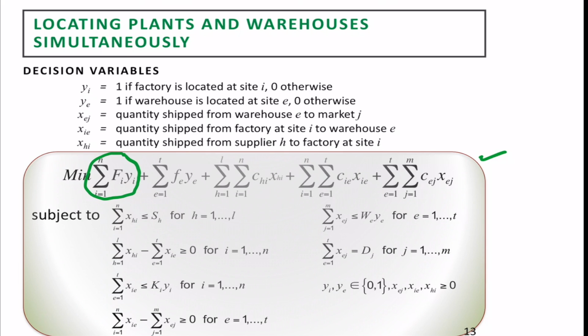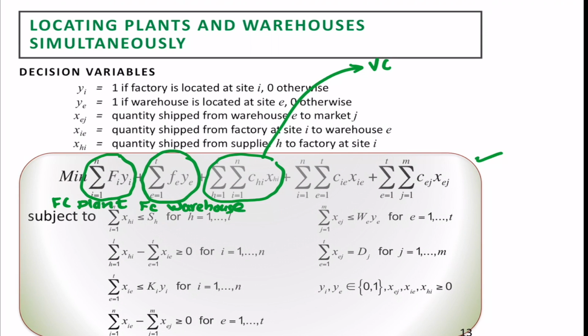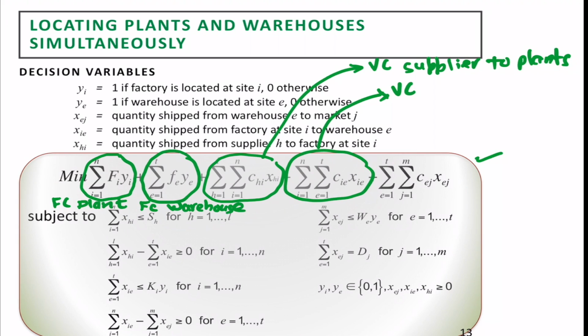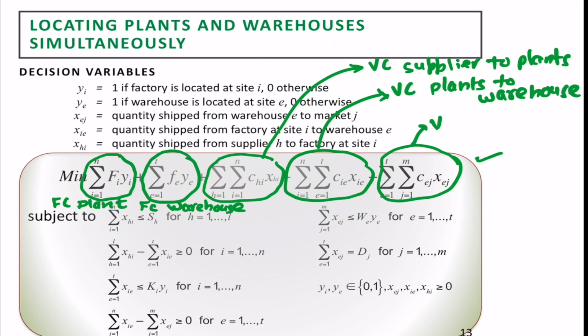First component is a fixed cost related to the plant, and then we have fixed cost related to the warehouse, and then we have variable costs. This variable cost involves cost associated with supplying from supplier to plants, and then variable cost from plants to warehouse, and then this component is variable cost associated with warehouse to customers.